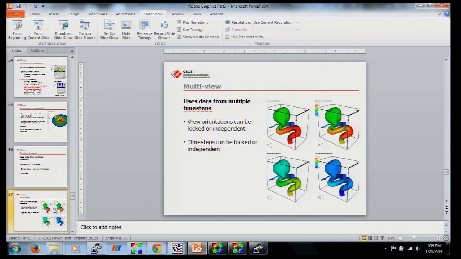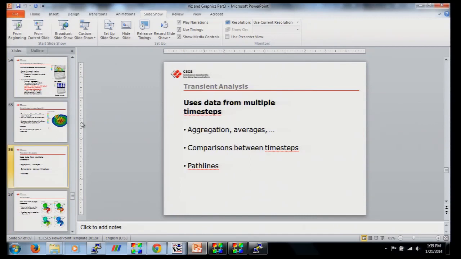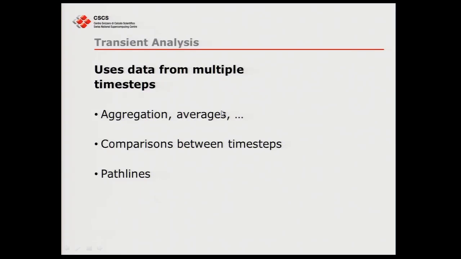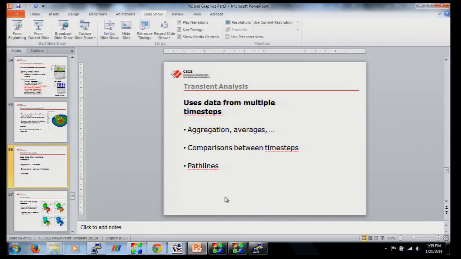Let me go forward a little bit in the presentation. This we've seen already this morning, actually, using the expressions. We can look at multiple time steps, compare one time step and the time step ahead, do aggregation. We can do also some other fancy operation.